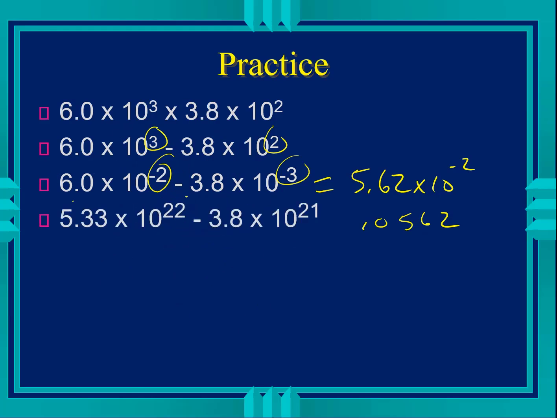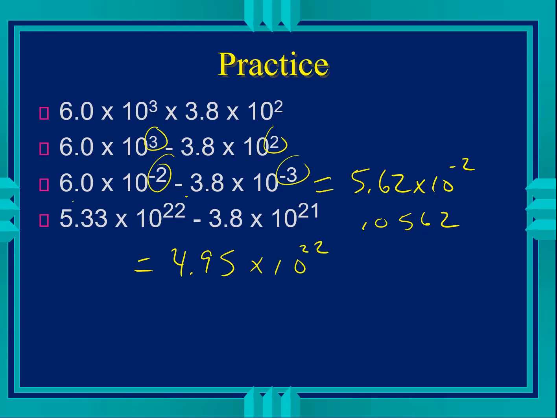5.3 times 10 to the 22nd minus 3.8 times 10 to the 21st. .95 times 10 to the 22nd.